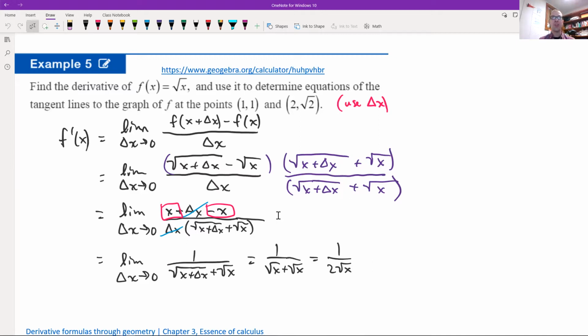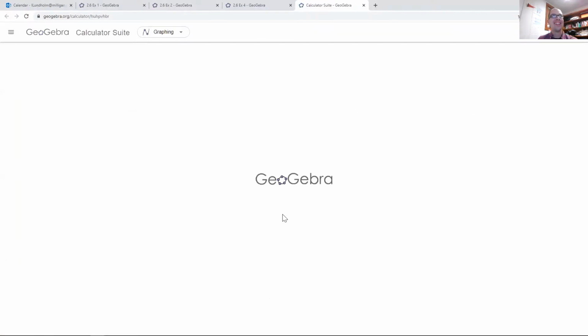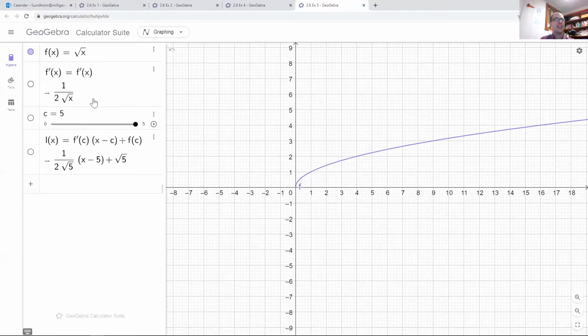And if we use a tangent line thing, where we look at the derivative at a point times x minus that x value plus the y value, we get the equation of a tangent line.